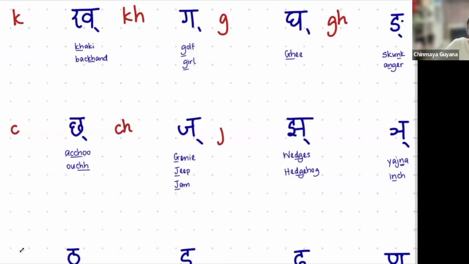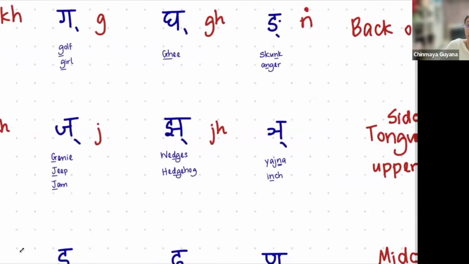Ja is a J, that's easy. Jha is JH. And Nya is N with a squiggly. You just have to remember that it has the squiggly. Okay, so N with a squiggly is this. Inch. Anjali. Like that.